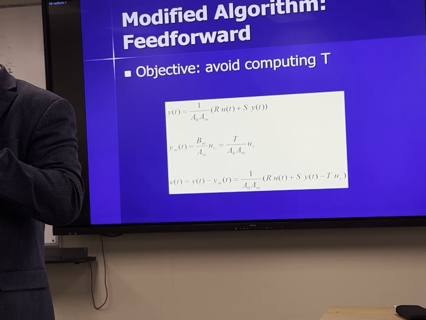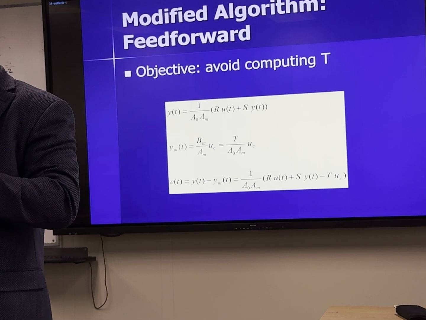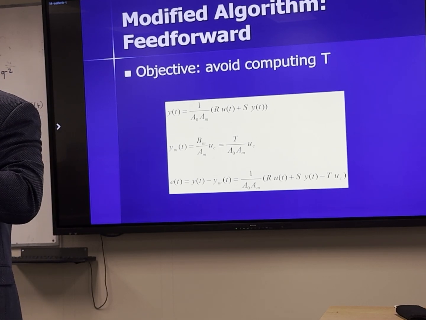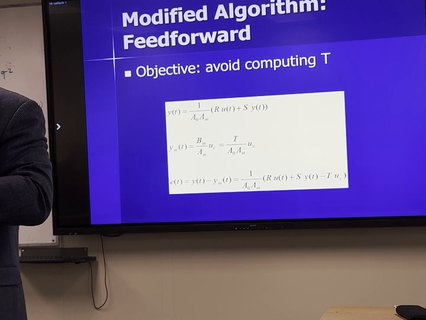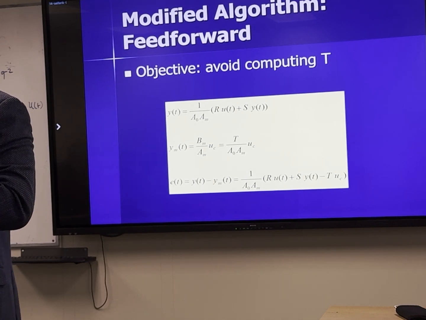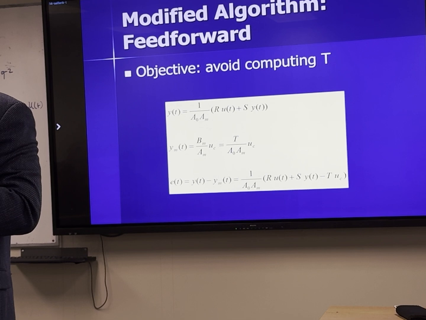So still we are looking at single input, single output. Everybody's okay with this? Later on, we are going to ask the question, what happens if we have a multi-variable system? And then we move to Lyapunov-based design. Is it clear what I said here?